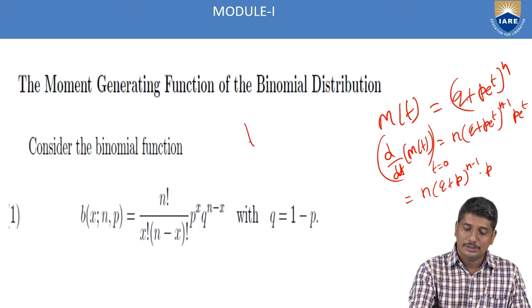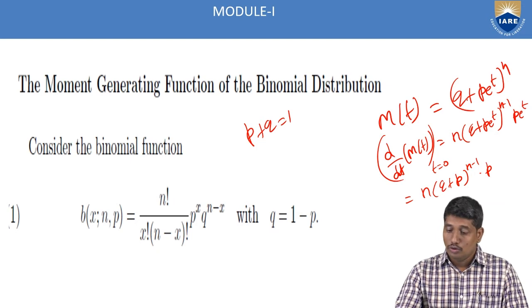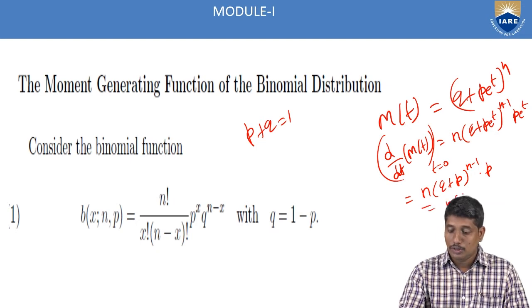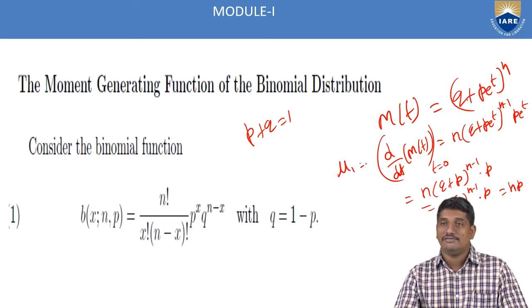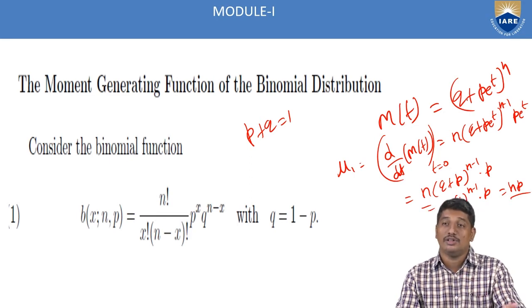But in the binomial distribution, p + q is equal to 1. So this is nothing but n times 1^(n-1) times p, that is equal to np. The first moment mu1 is equal to np, which gives us the mean of the binomial distribution.